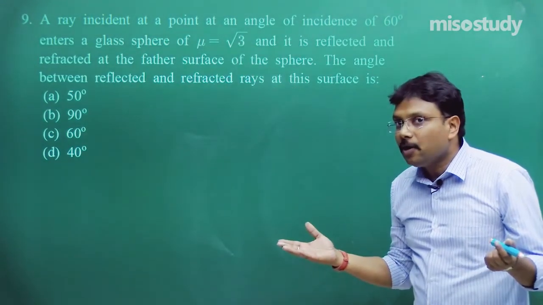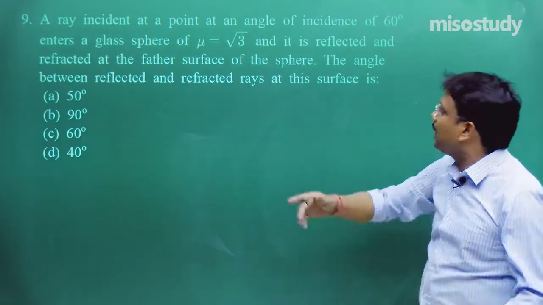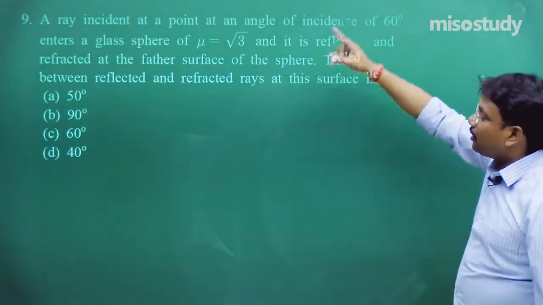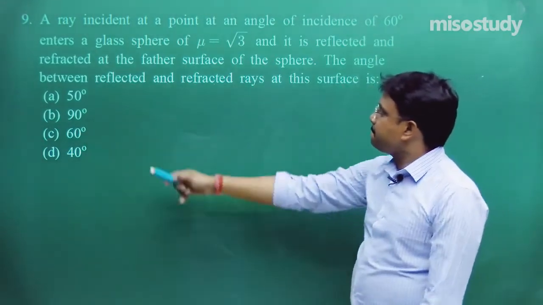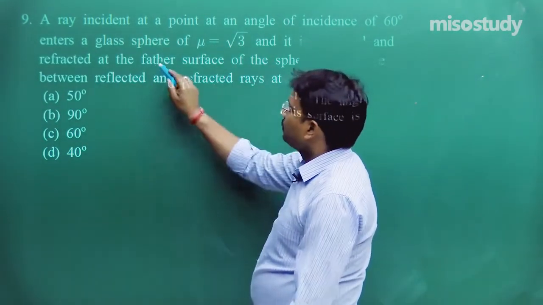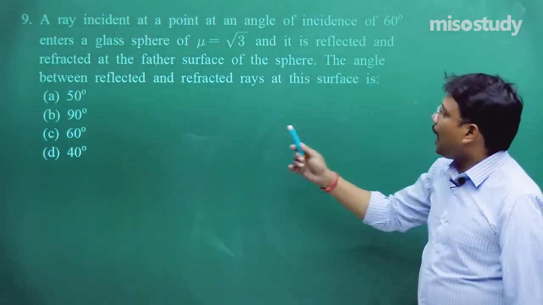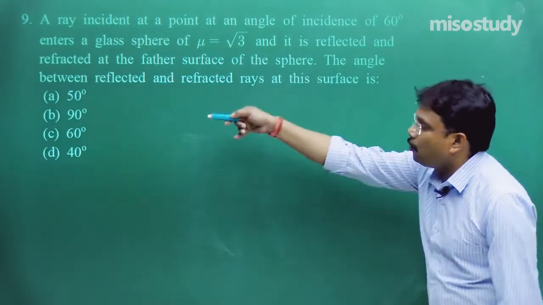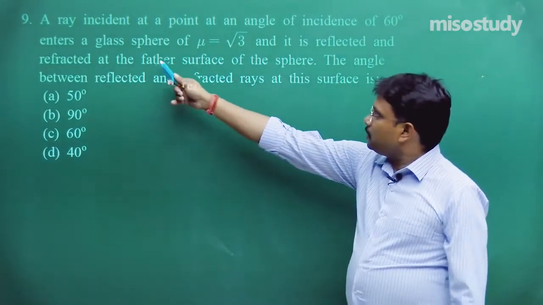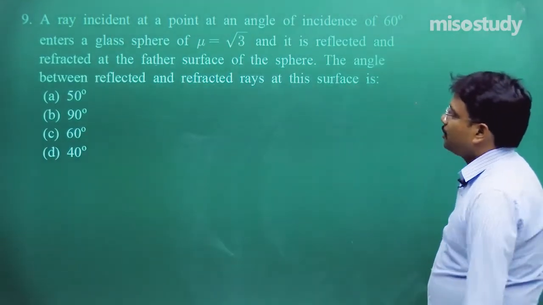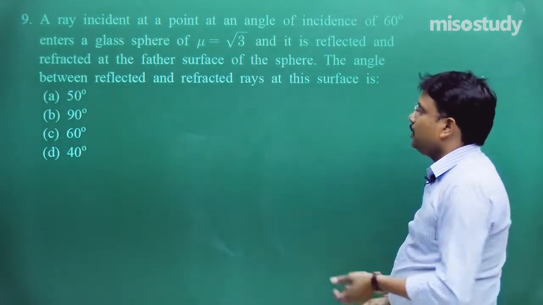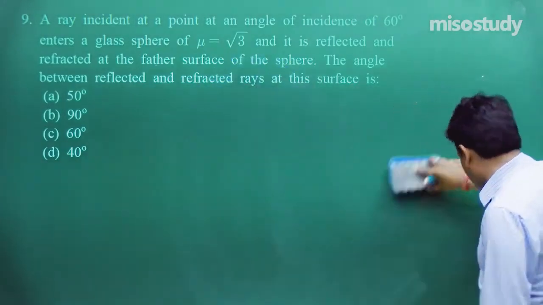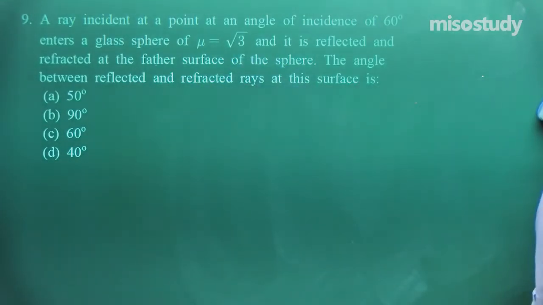You can easily find out the velocity of that light in that particular slab, and it is reflected and refracted at the farther surface of the sphere. The angle between reflected and refracted rays at this surface is how much? It's just a simple typing mistake, fine. Farther means far away situated object. So now let's try to find out the solution of this particular question.